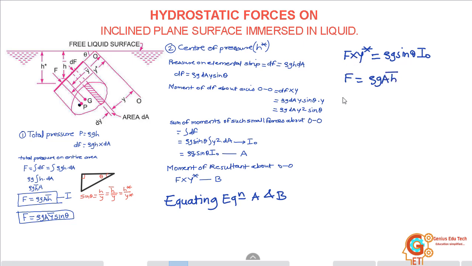So substituting in this equation, the equation becomes rho g A h bar into y star is equal to rho g sine theta I0, cancelling out rho g from both the sides.